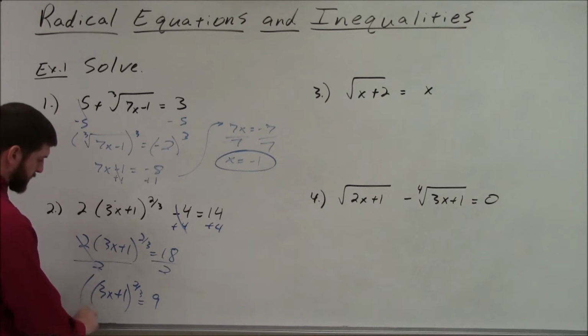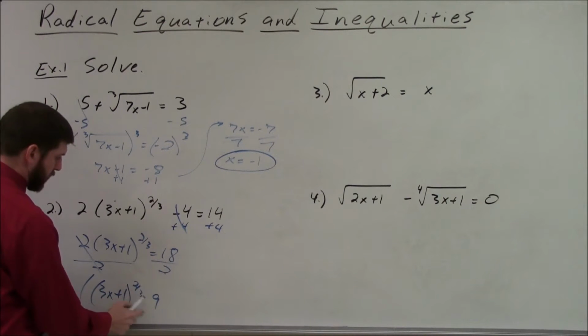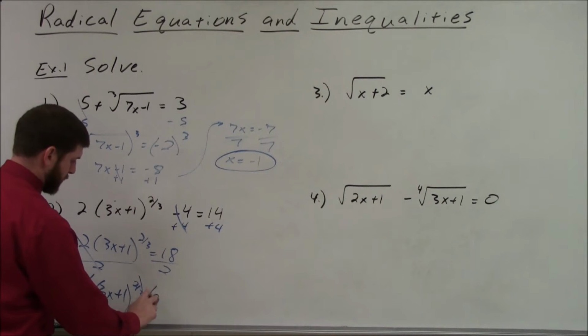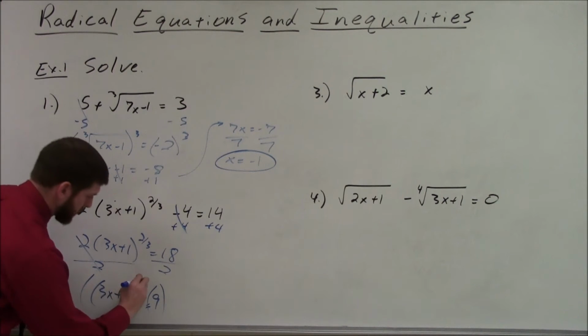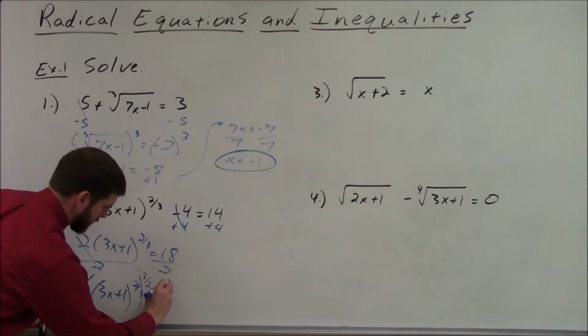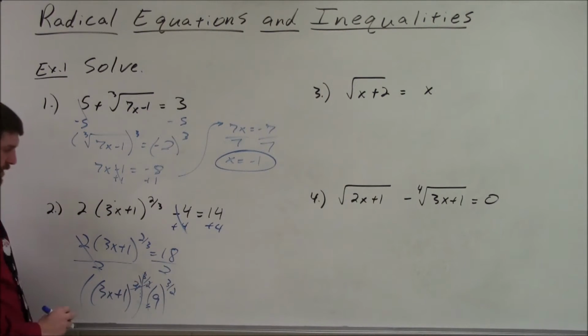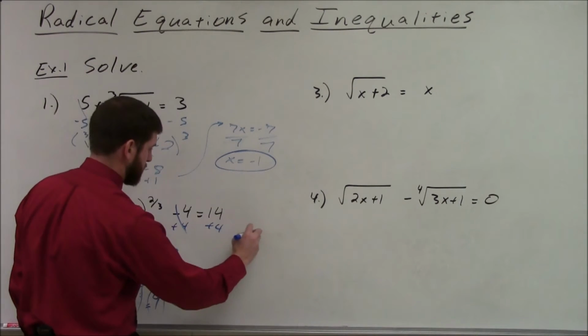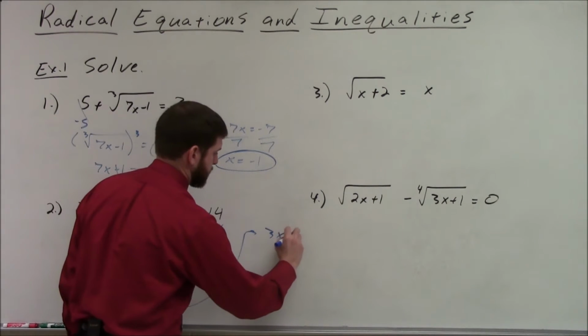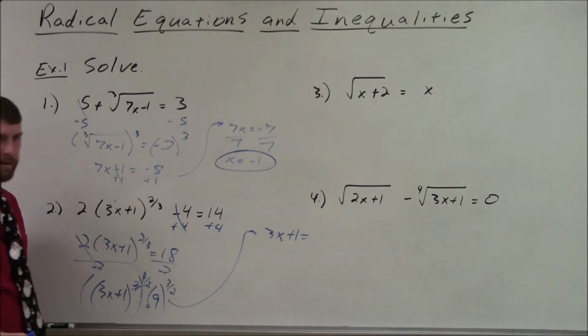We're going to raise both sides of the equation to the reciprocal. Reciprocal of 2/3 is 3/2, which cancels. We got 3x plus 1 equals 9 to the 3/2.